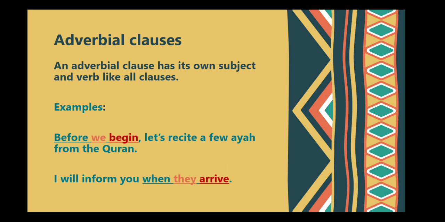So this particular part of the sentence has its own subject and verb, therefore this is a clause. And when the adverbial clause comes in the beginning of the sentence, we put a comma after it. Before we begin, comma, let's recite a few ayah from the Quran. I will inform you when they arrive. They is the subject and arrive is the verb. So this was a slide which explained adverbial clauses.